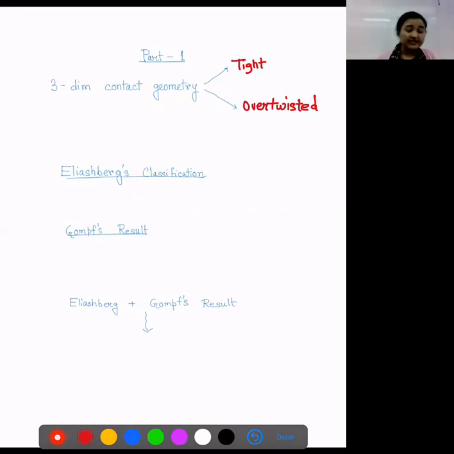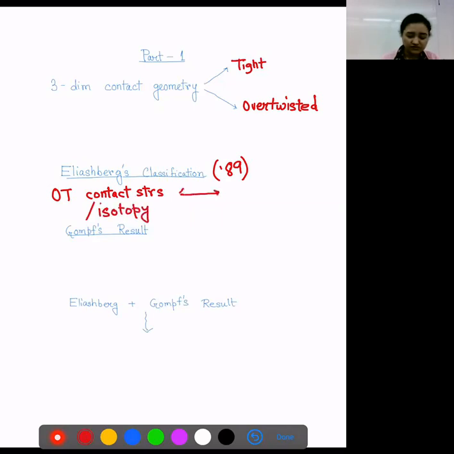Now here comes Eliashberg's classification. So Eliashberg in '89 proved this very nice and important result, which tells us that over-twisted contact structures, up to isotopy, are in one-to-one correspondence with two-plane fields up to homotopy.